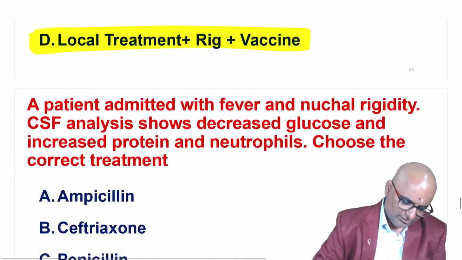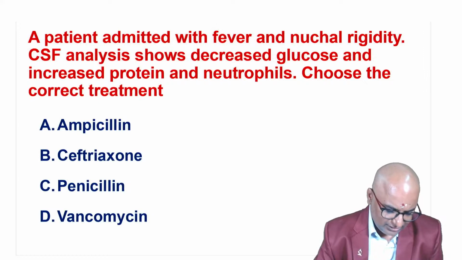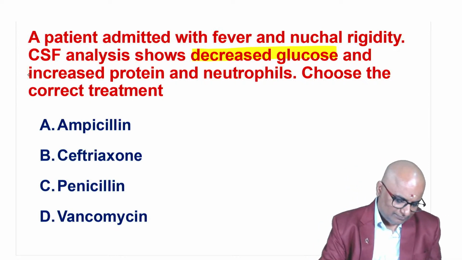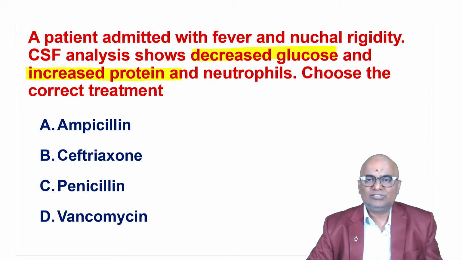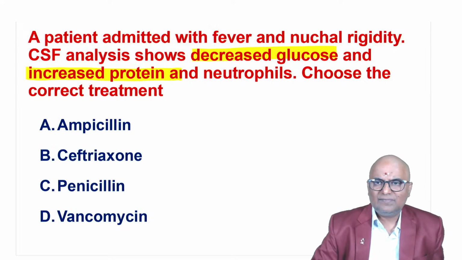Next is patient admitted with neck rigidity. CSF analysis shows decreased glucose, protein increased. It is due to bacterial meningitis. Fungus also you may have, but fungus has lymphocytes. So it is bacterial meningitis.